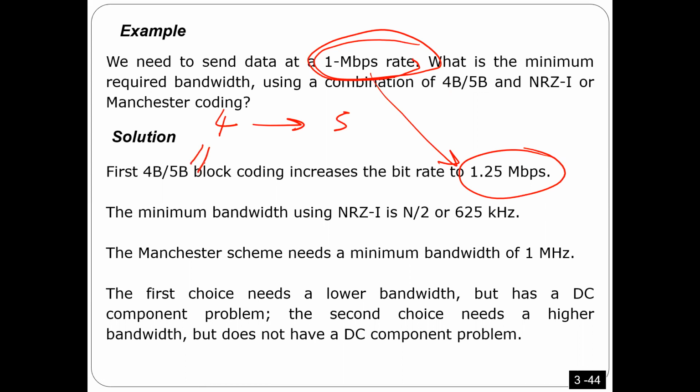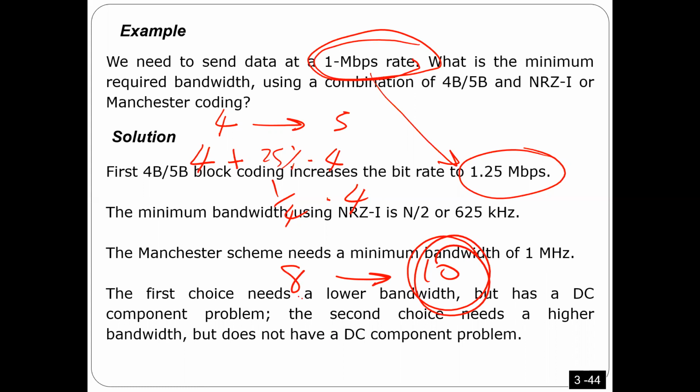It's going to be 4 plus 25% of the 4, 1/4 of the 4. It's going to give you 5. Let's have another example. If I want to transmit 8, it should be 10 here. How can I get this number? It's going to be 8 plus 25% of the 8, which is 2, giving you 10. You got what I'm saying?